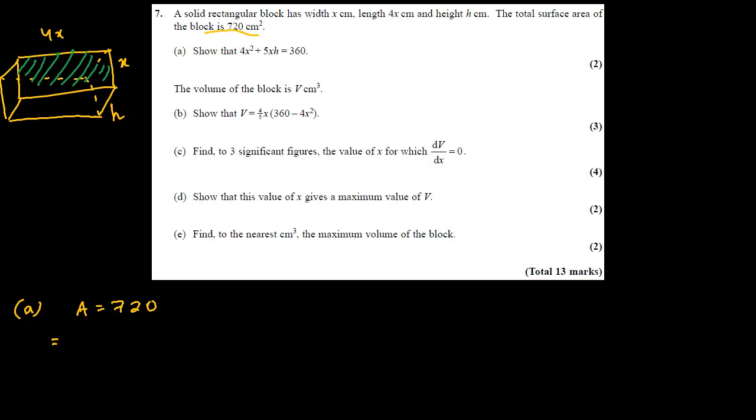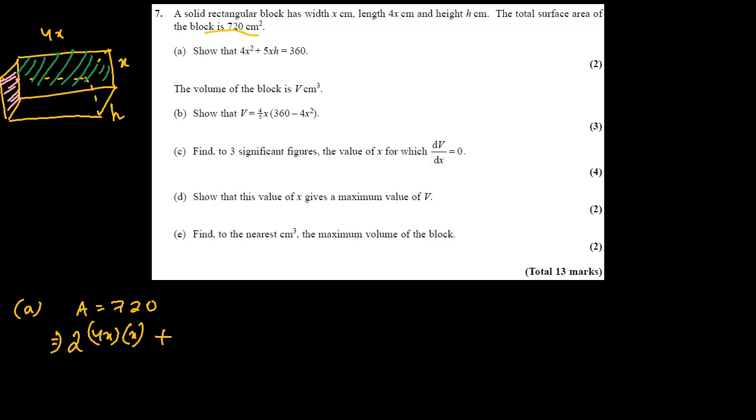So we have two different rectangles over here. So the first one would be length into breadth, 4x into x. Since the bottom one is also the same, we write 2 into that instead of adding. Then we have this side over here, and this would be this side over here.